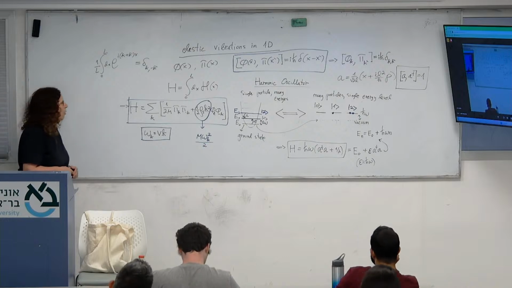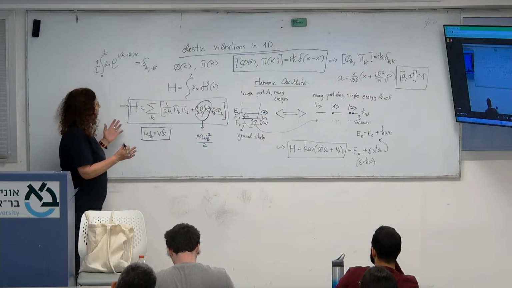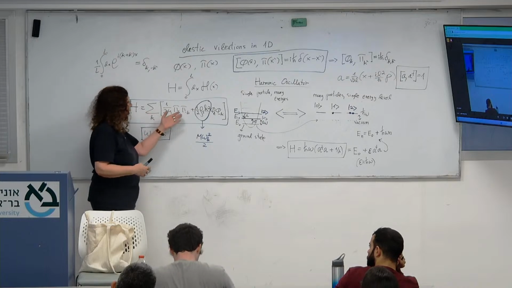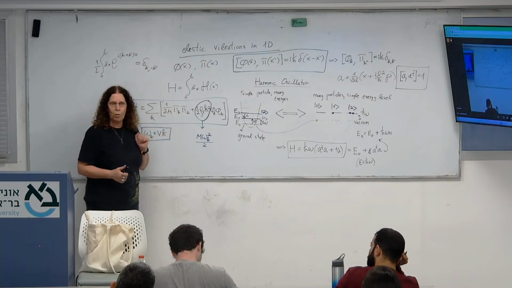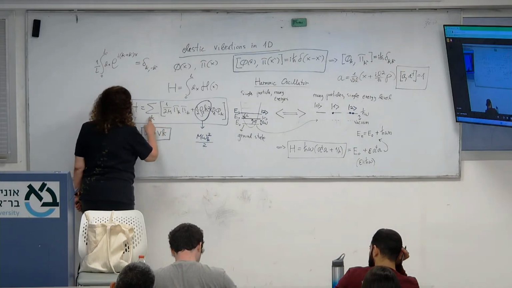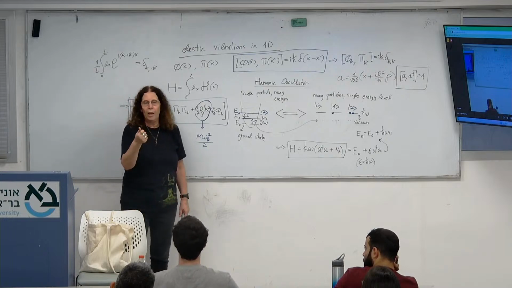What do we have now? In our problem, we almost have the same thing, because we have something that reminds very much of a harmonic oscillator. Among the sum over k, there is one k that is k equals 0.